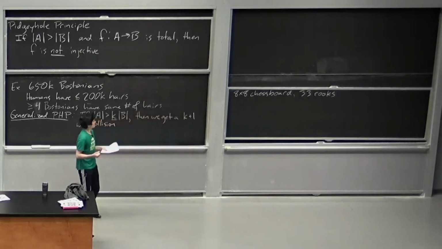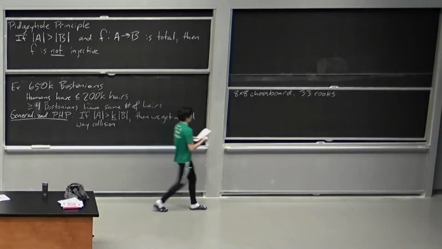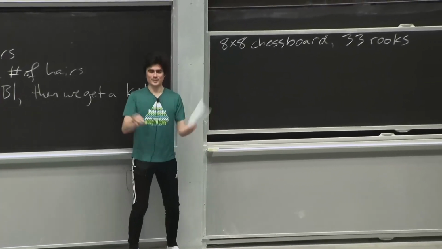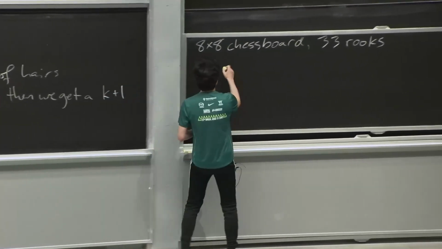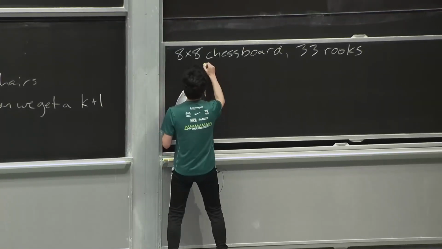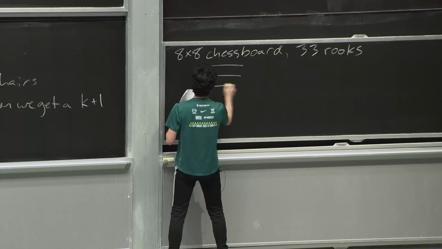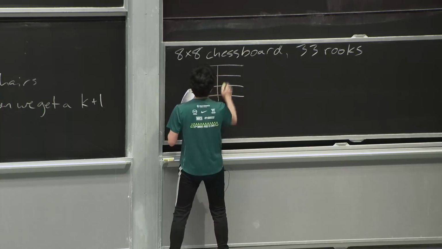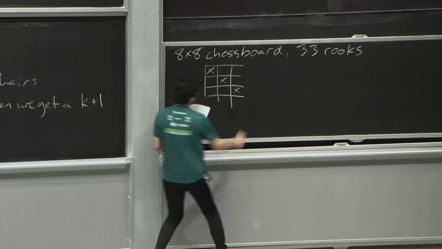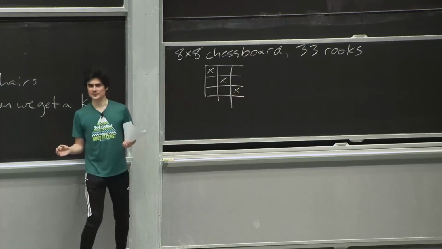Or no, I phrased that wrong. So we want to find 5 of them where none of them attack each other, right? So basically, we want them all to be in distinct rows and files. So if we've got something like this, right? If we have a rook here, and a rook here, those 3 do not attack each other.